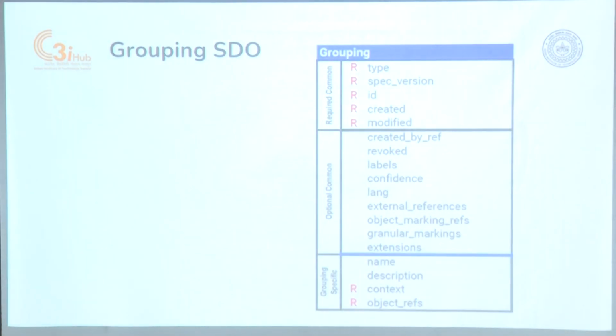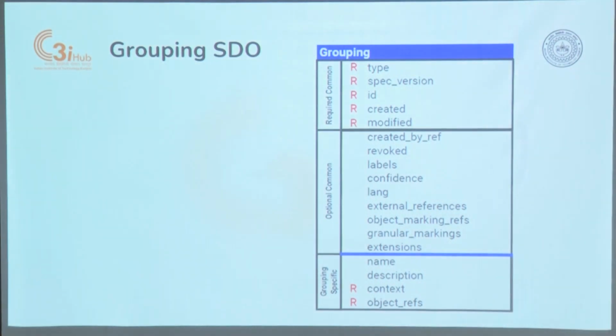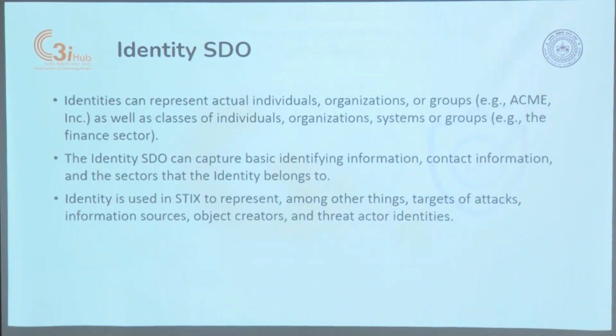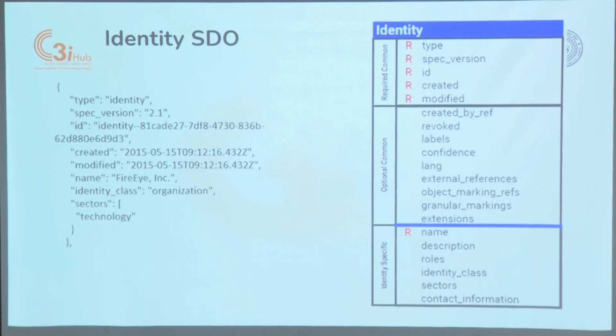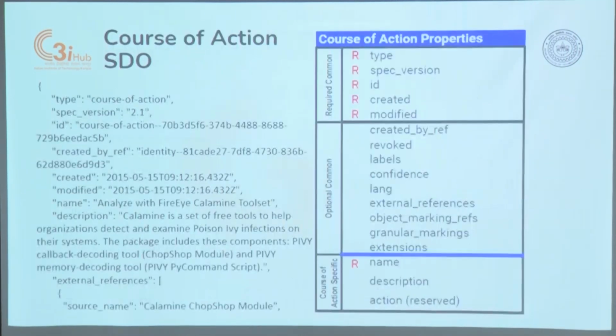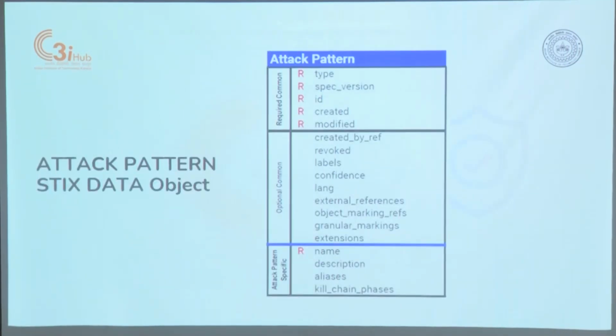So we were talking about this structured threat intelligence sharing format or data model, and we discussed that there are actually 6 kinds of entities in this data model.